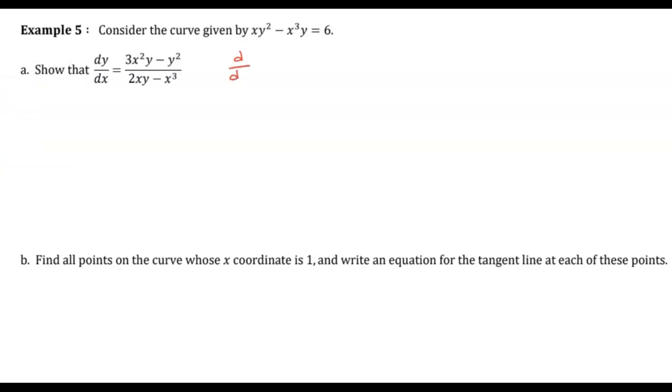So we are going to take the derivative with respect to x of both sides of our implicitly defined function. In order to do that, we have to recognize that we have not one, but two product rules coming up, right? We handled problems just this gnarly today in class.